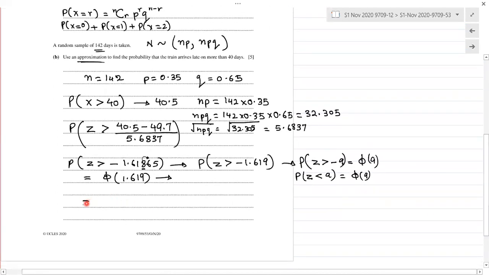So we get the value from the table as 0.9472. The final answer correct to 3 significant figures would be 0.947. This is correct to 3 SF. And that's the answer. That's this question done.